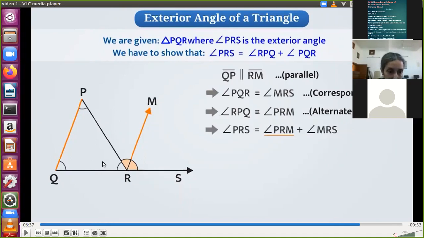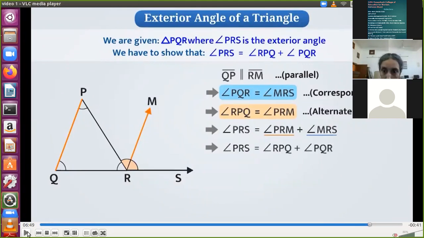Then now, angle PRM is equal to what? We have just now proved that angle PRM is equal to angle RPQ. So we will put the value of angle PRM. So angle PRS is equal to angle RPQ plus angle MRS. Angle MRS is equal to angle PQR.